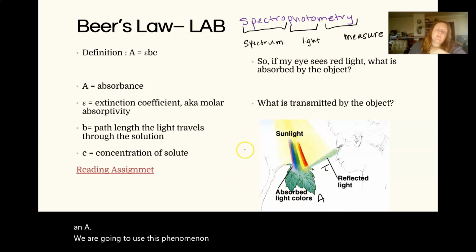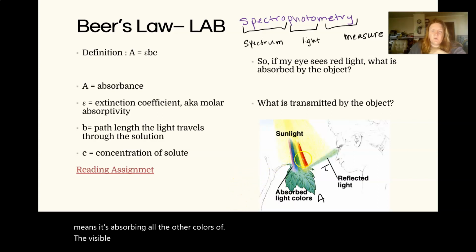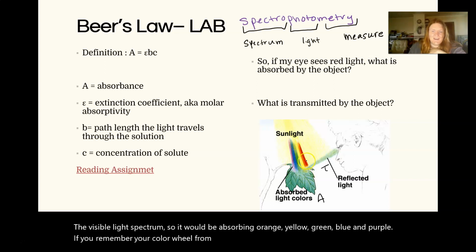So if you have a sports beverage that is red, that means it's absorbing all the other colors of the visible light spectrum. So it would be absorbing orange, yellow, green, blue, and purple. If you remember your color wheel from art class, the opposite color is the most absorbed.